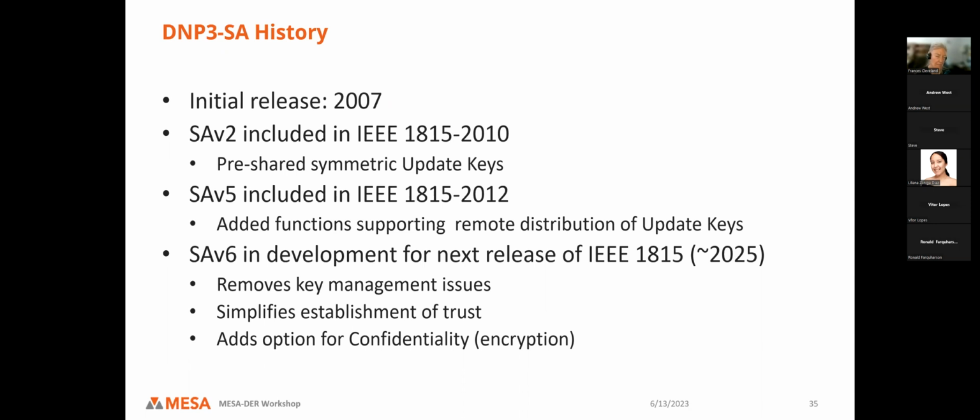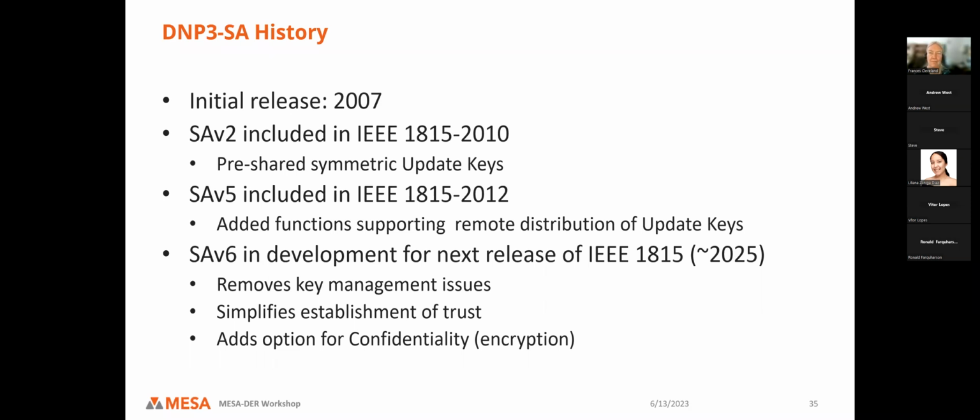And we don't distribute keys between devices. We allow the keys to be negotiated between the devices, and instead we impose a new mechanism to authorize the communication between pairs of devices.